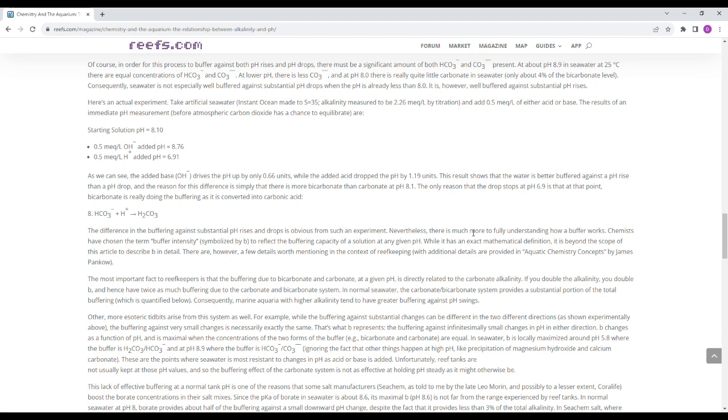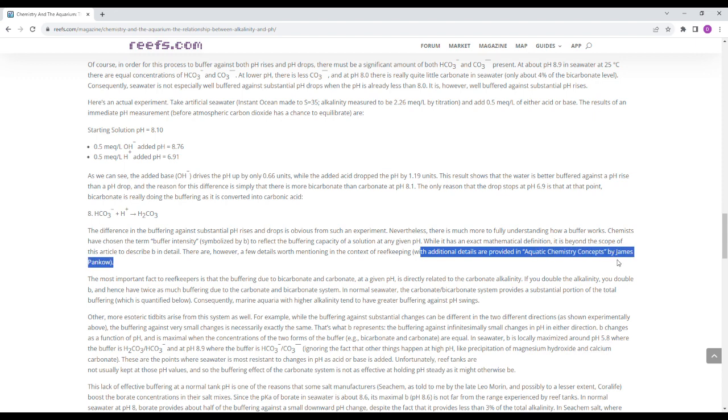Nevertheless, there is much more to fully understanding how a buffer works. Chemists have chosen the term buffer intensity, symbolized by B, to reflect the buffering capacity of a solution at any given pH. While it has an exact mathematical definition, it is beyond the scope of this article to describe B in detail. There are, however, a few details worth mentioning in the context of reef keeping.